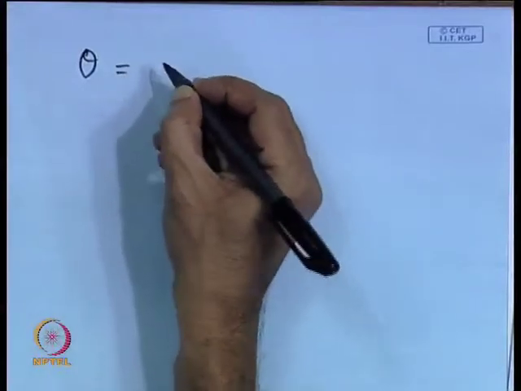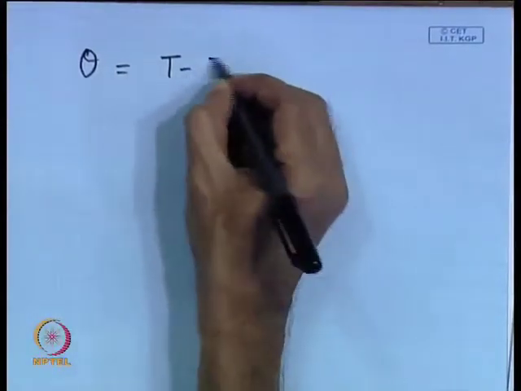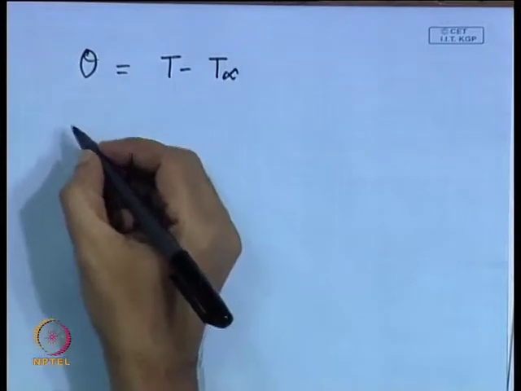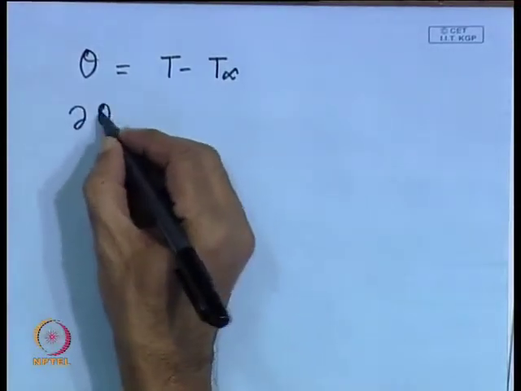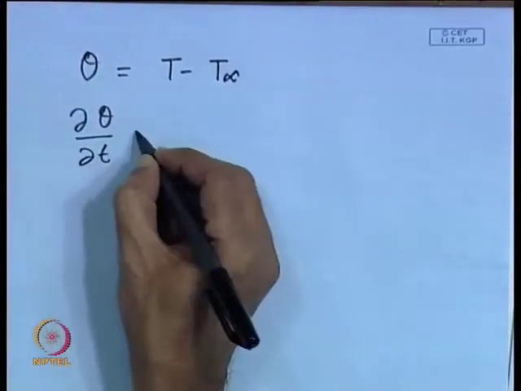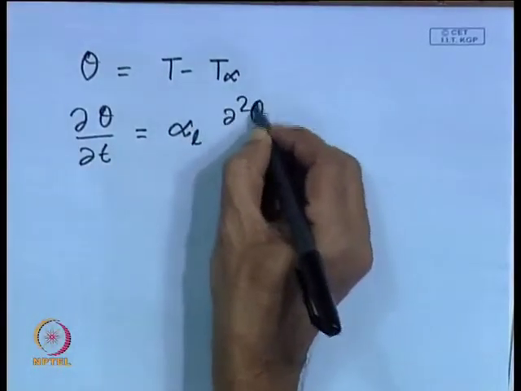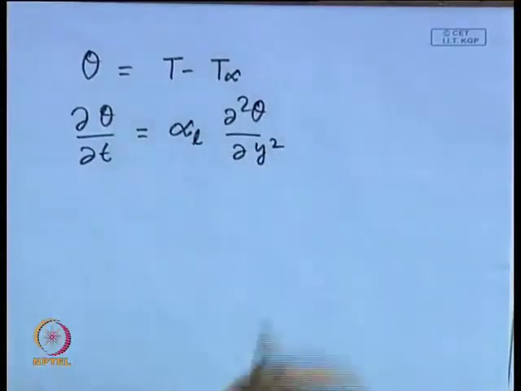So, we have one dimensional transient conduction, and if we define theta equal to T minus T infinity, assuming that the bulk temperature more or less remains constant, the equation we get is d theta by dt equal to alpha L d 2 theta by d y 2. This is our transient one dimensional conduction equation. What are the boundary conditions?